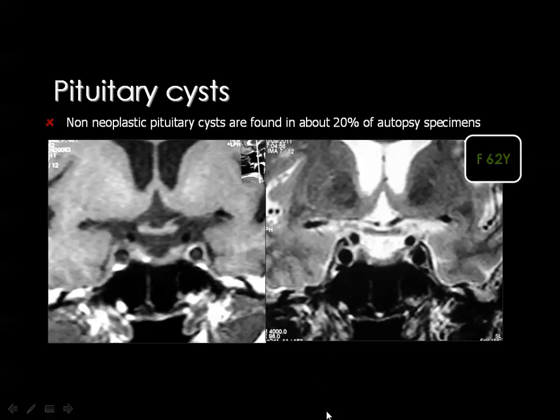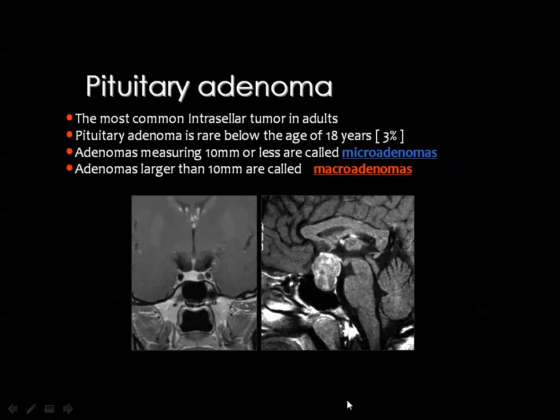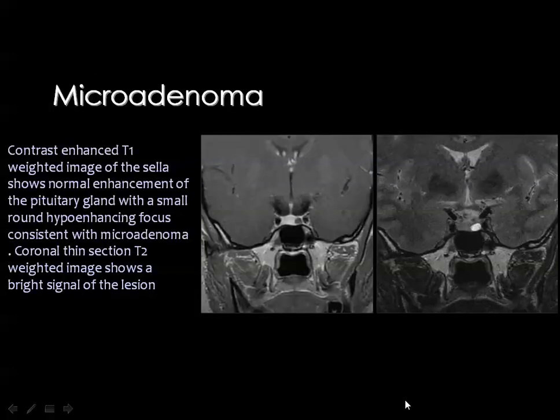Then this may be considered hemorrhage in a pituitary microadenoma or hemorrhage in a cyst because of the brightness in both T1 and T2 weighted images. The two main types of pituitary adenoma are the microadenoma, which is by definition a lesion less than 1 centimeter in diameter, and the pituitary macroadenoma, which is a mass measuring more than 1 centimeter in diameter.